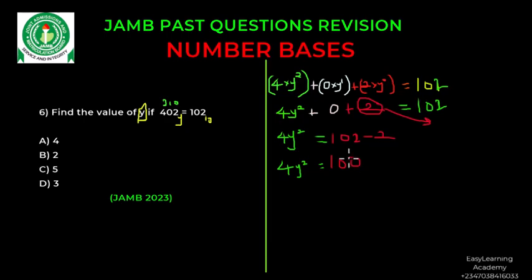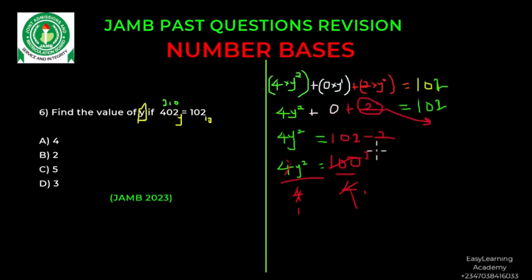Okay, so we are looking for y, so we need to divide by the coefficient. That's 4, so we can have y squared first. Dividing by the coefficient 4, the 4 is going to cancel itself and give 1, and then we come into 100 divided by 4, that will be 25.